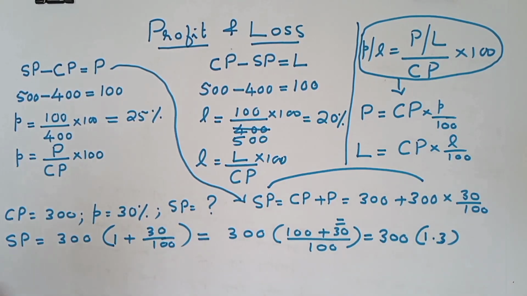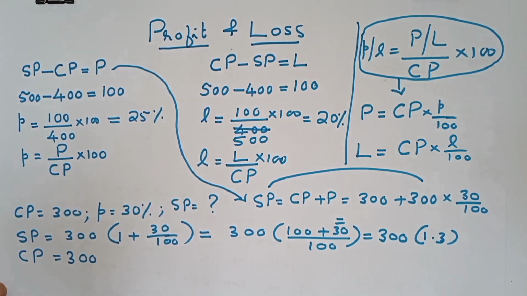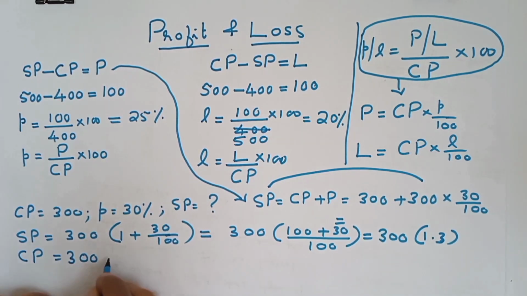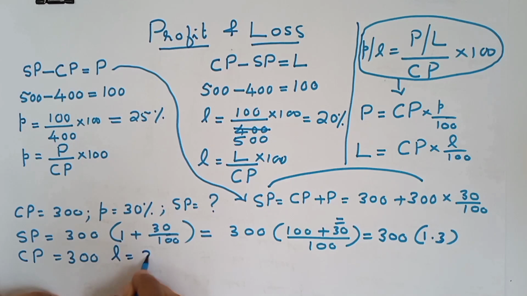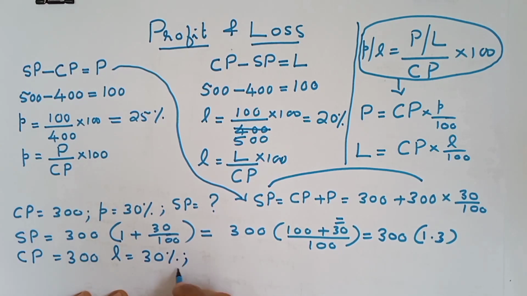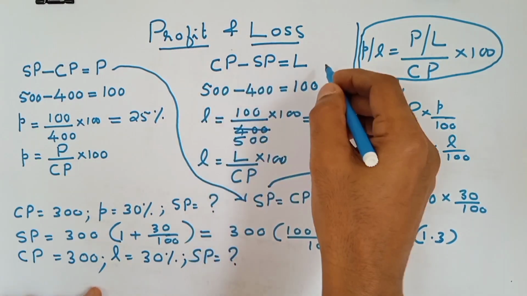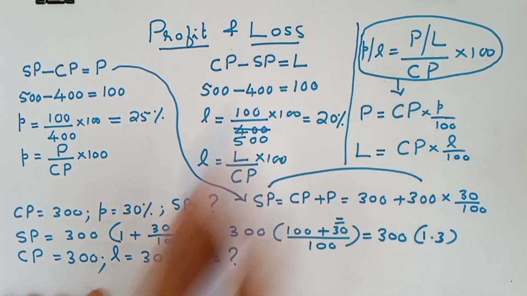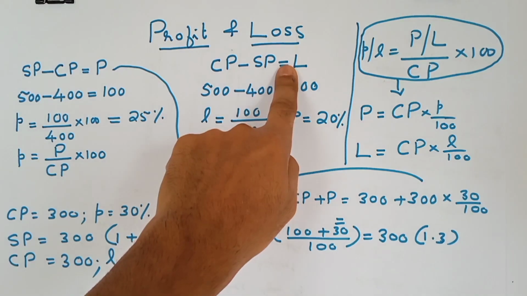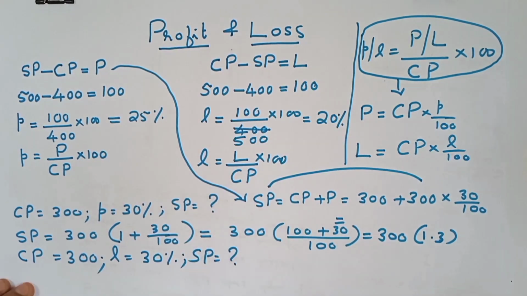Now let's take another case. CP, I'm using the same figure 300. Instead of profit, let me use 30% loss. That's all the difference. Now let's find out SP again. Here it's a case of loss. So you will look at this result: CP minus SP equal to L. So let me write down that result here again.